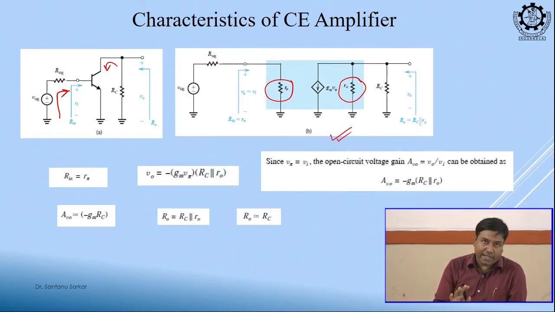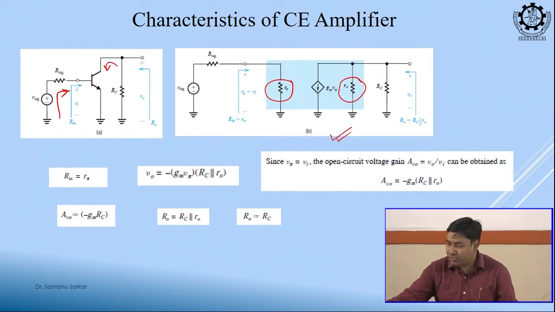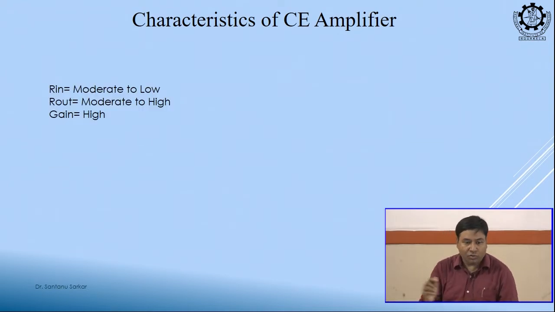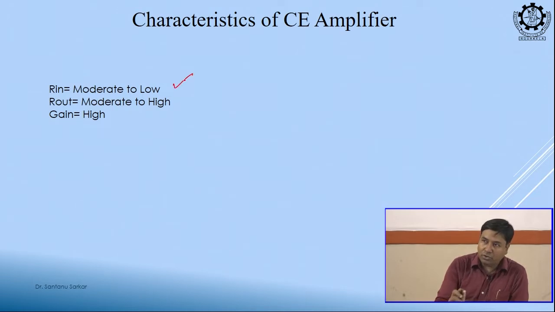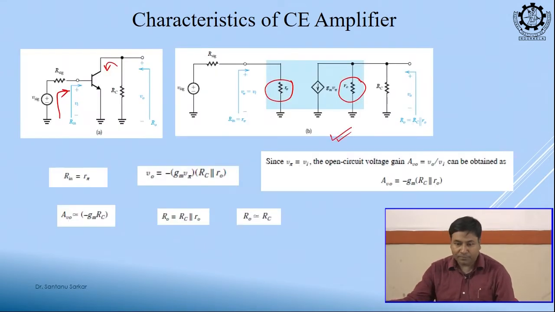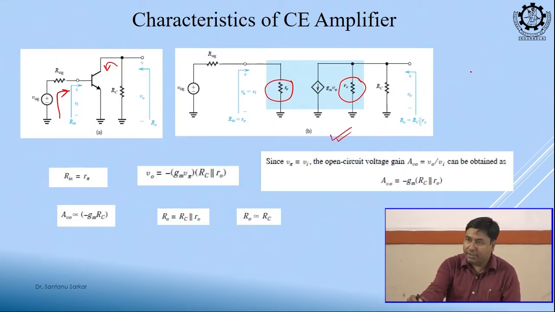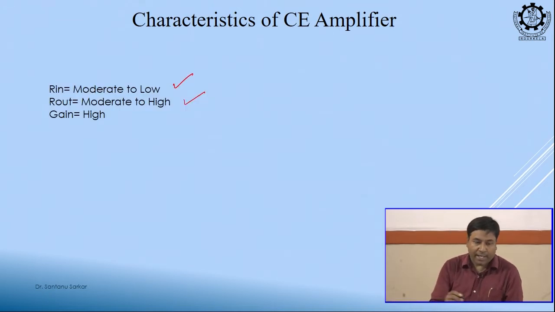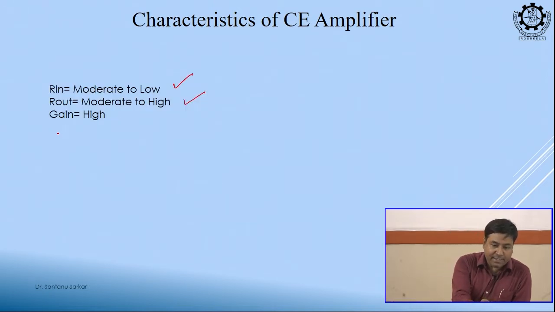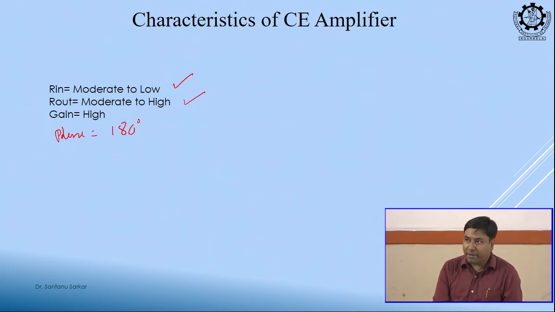What is the looking-in resistance? From the base, if you see, this is R pi, right. So, this is our input impedance. So, what is our input impedance? Moderate to low. And what is R out? Moderate to high. Generally, R out is very high, right. This R naught can go up to infinity. And gain is high, and the phase is inverted.